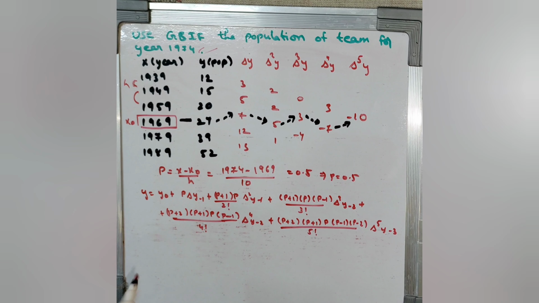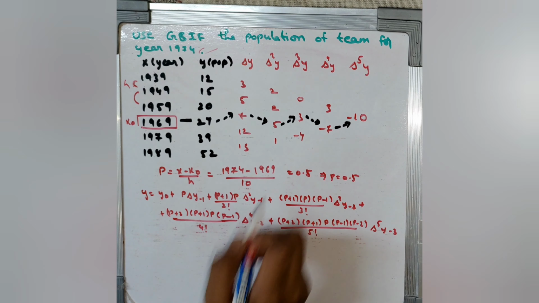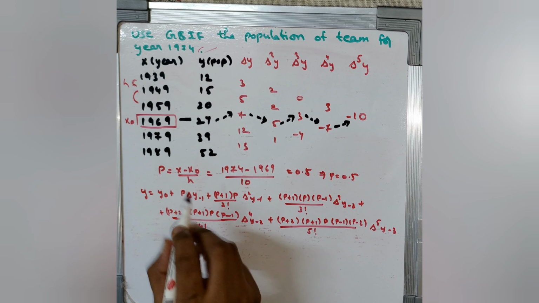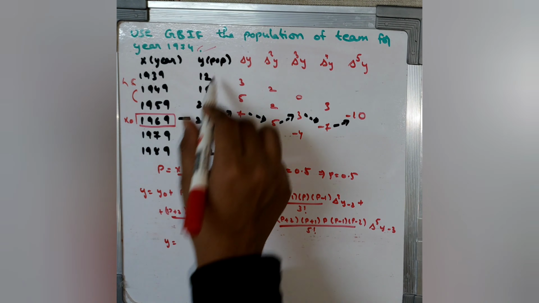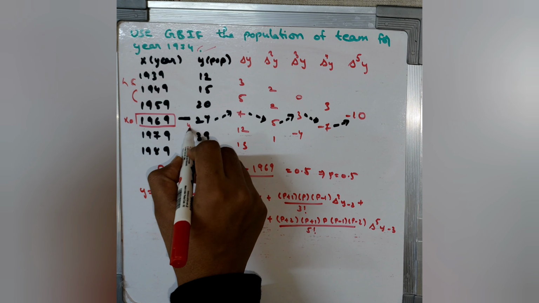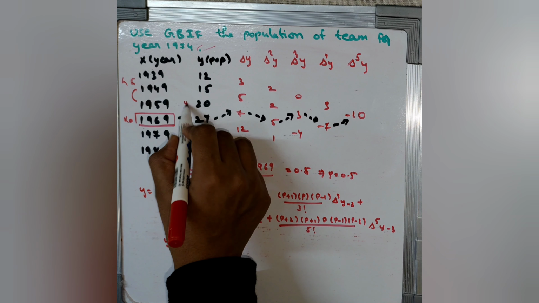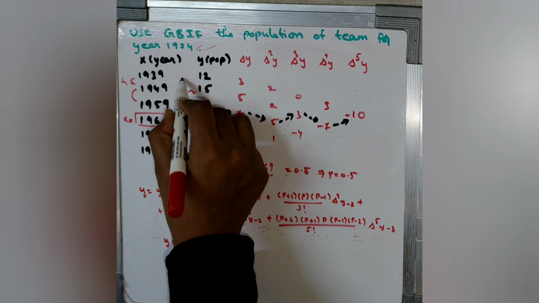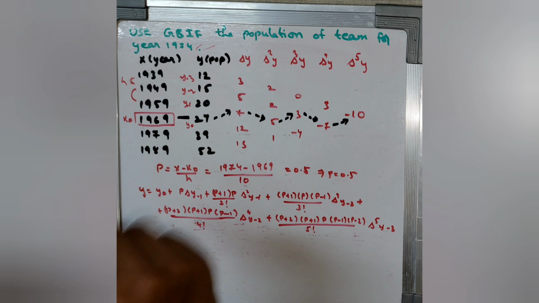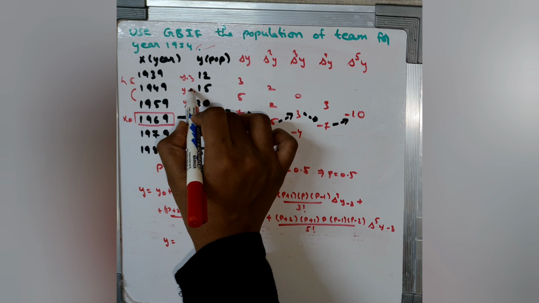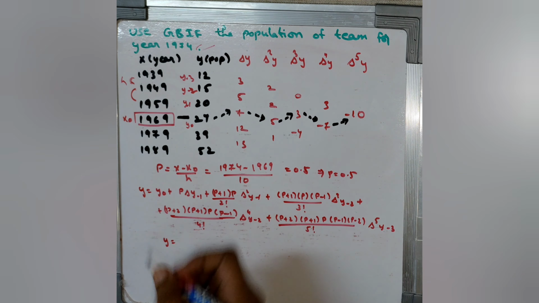So now using the formula, substitute all the values. That is y equals y naught. This will be our y naught, and this will be y minus 1, y minus 2 and y minus 3. I have explained in the table previously what values you have to take.